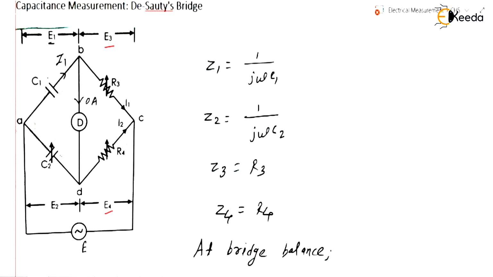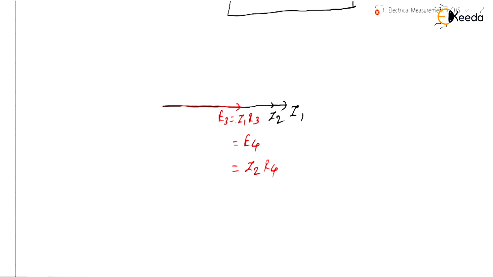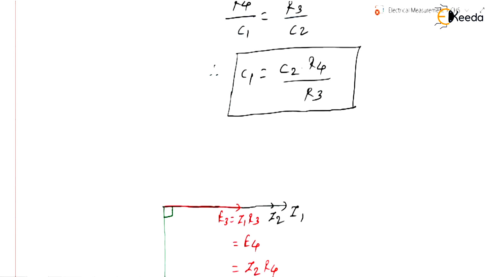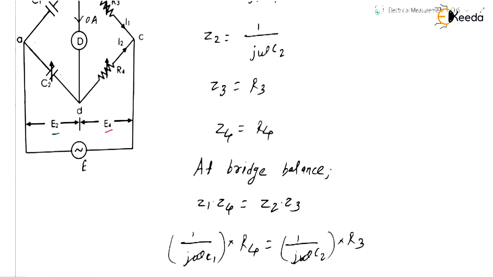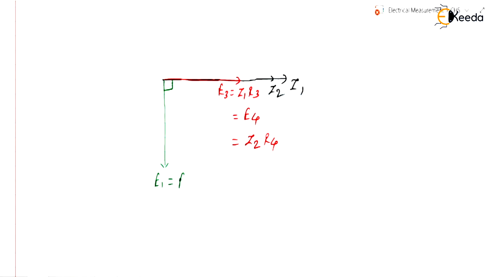The current flowing through a capacitor leads the voltage across it by 90 degrees, so the phasor for E1 will be lagging I1 by 90 degrees. Also, E1 and E2 are both the same, so the phasor for E2 is the same as that of E1.